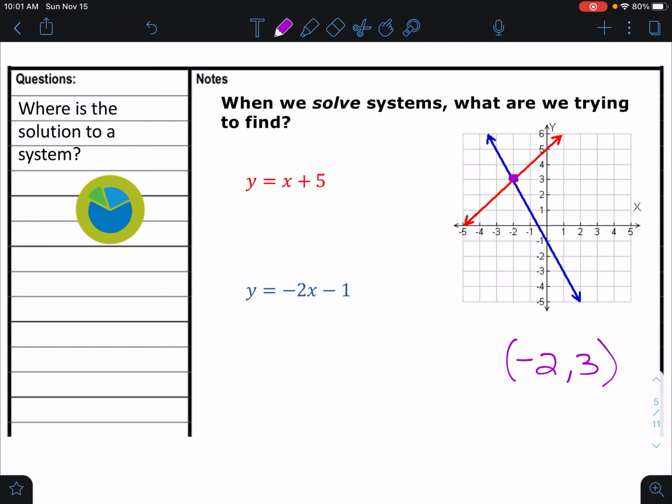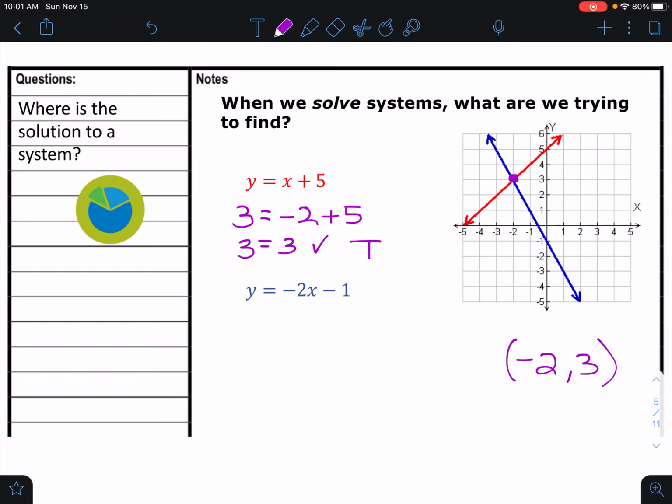Now, if I were to plug that into the red equation, the equation for that line, you'll notice I would have 3 equals -2 plus 5, which would give us 3 equals 3. In other words, when I plug this in, this is a true statement, okay?